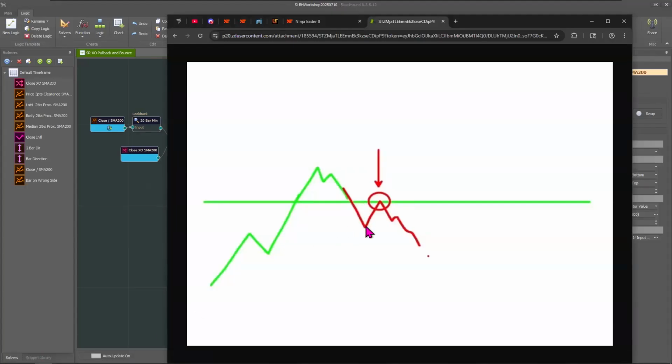So we have basically a minimum of this clearance here, so that way price is not just consolidating on top of the support resistance line before the system gets tricked into a bounce off. So obviously you need a minimum distance before you can actually have a pullback and a bounce.